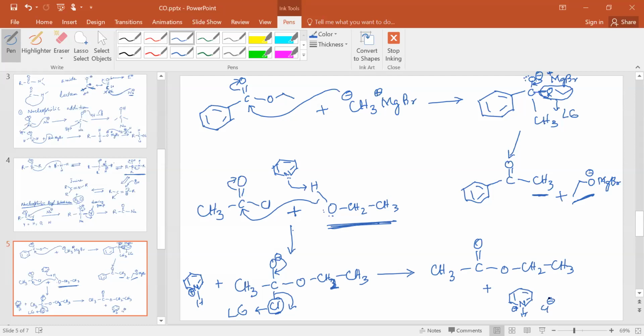That's why we need pyridine: it scavenges HCl, the byproduct. So this is an example of nucleophilic acyl substitution. Any questions?